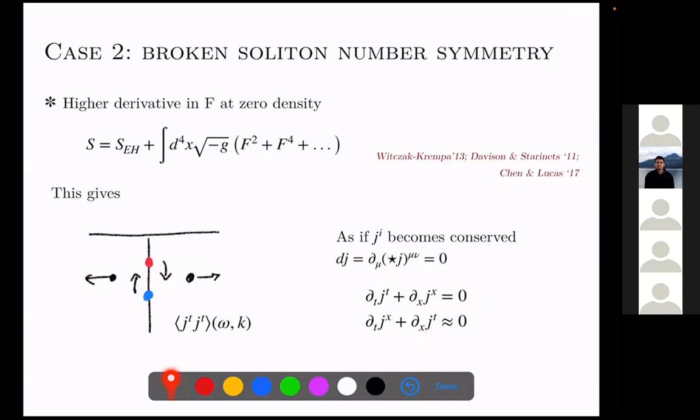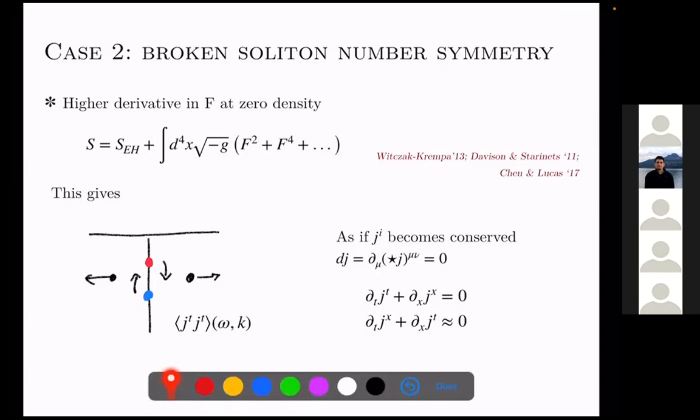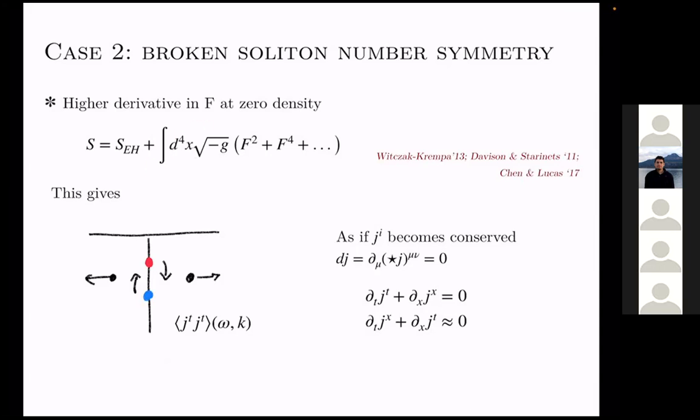And this has a nice intuition. Imagine you go back to 1+1 dimension, and you have a conserved number of soliton, like a U1 topological symmetry and a U1 symmetry. Then this system is kind of integrable.